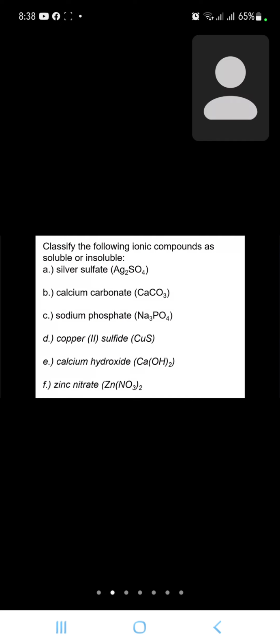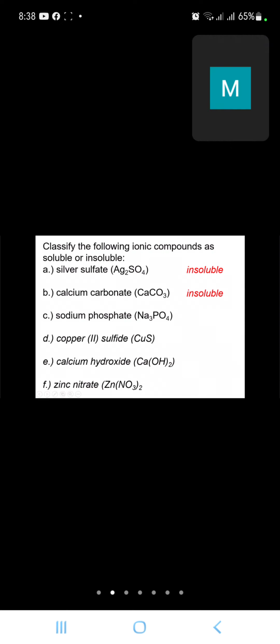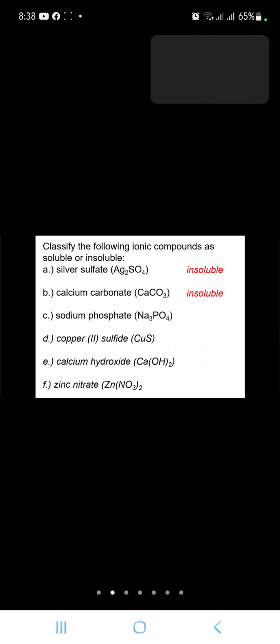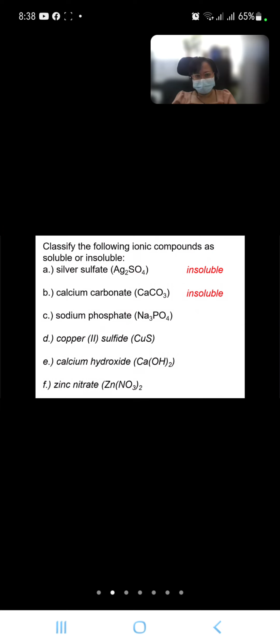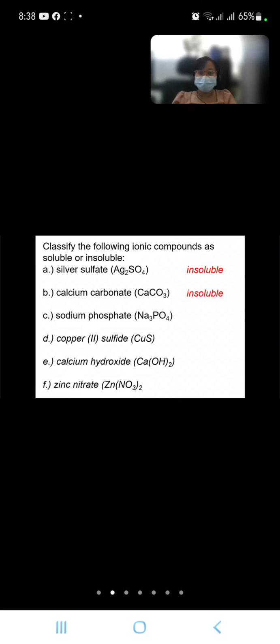Soluble, ma'am. Wait. Insoluble also, no? Yes po. Carbonates are insoluble, because it is paired with calcium, which is not part of the exception, so it remains insoluble.